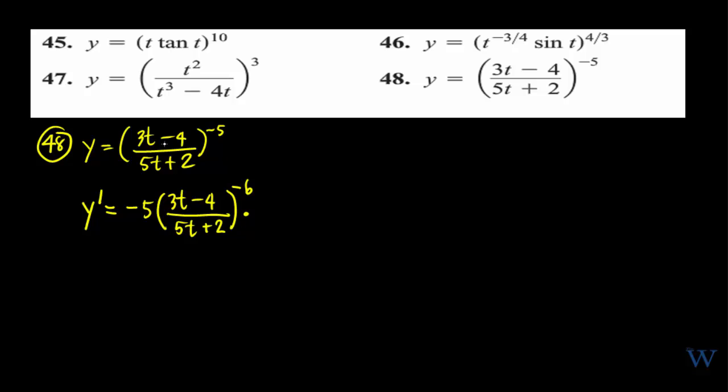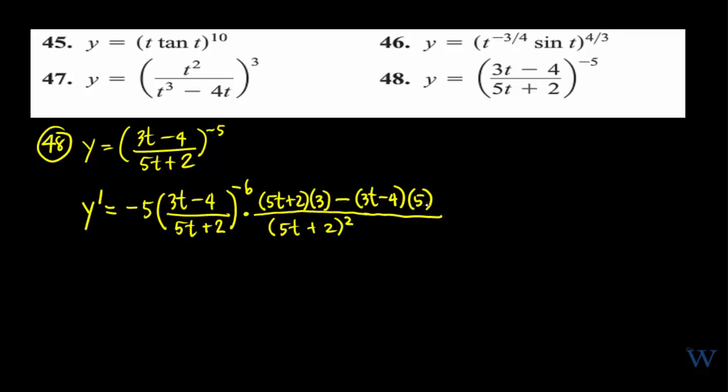So what is the derivative of a quotient? I would take the square of the bottom right away. 5t plus 2 squared. Okay, and then low d high means, let's copy what's at the bottom, 5t plus 2, multiplied by the derivative on the top, low d high, so what's the derivative of the high? It's 3, less high d low, so 3t minus 4 times the derivative of the low, which is 5.